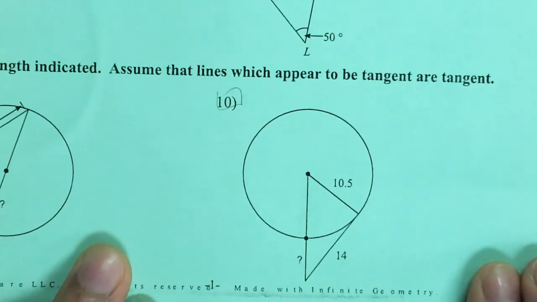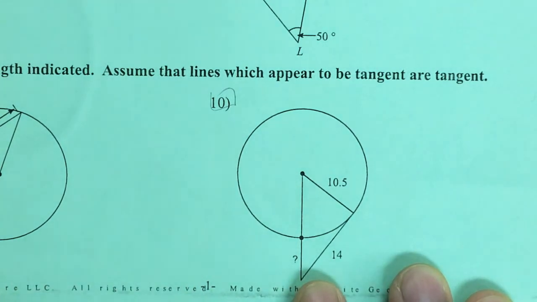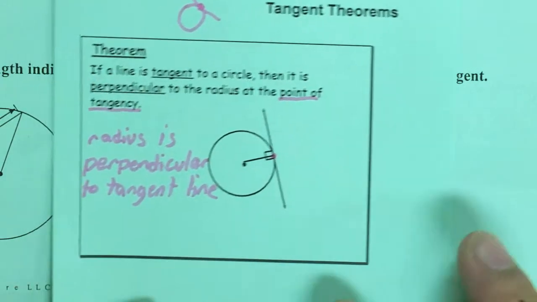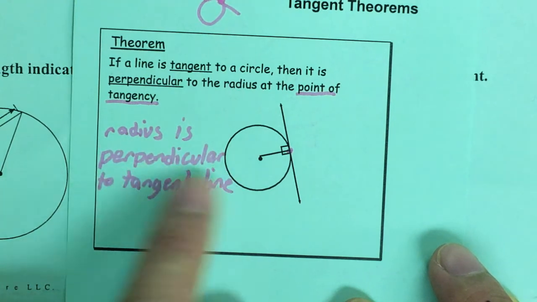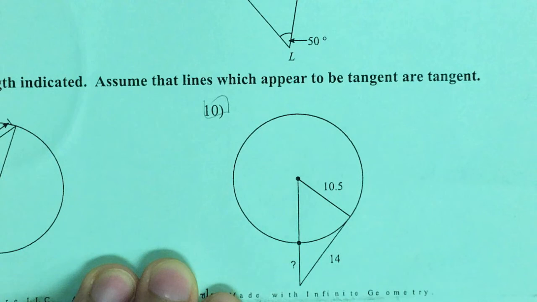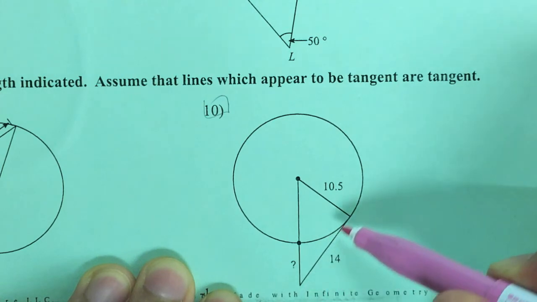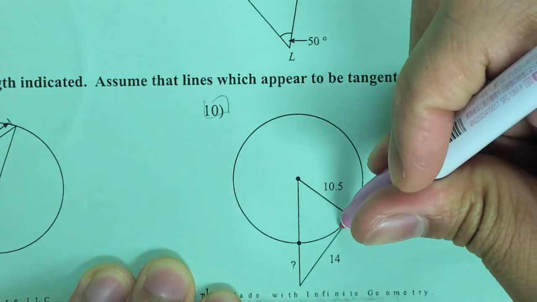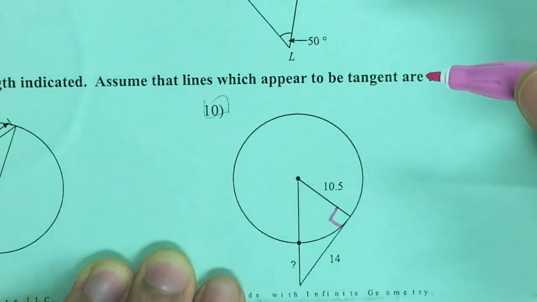Next, number 10. Assume that lines which appear to be tangent are tangent. We are solving for the question mark. So this uses this property that when we have a tangent line, radius is perpendicular to tangent line. So here's my radius, down here's my tangent line, which means this is a right angle, which lets me use Pythagorean theorem.